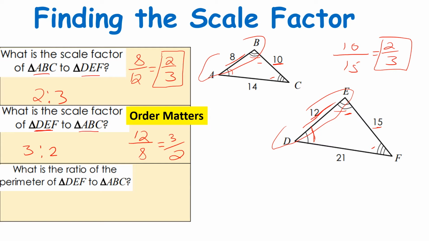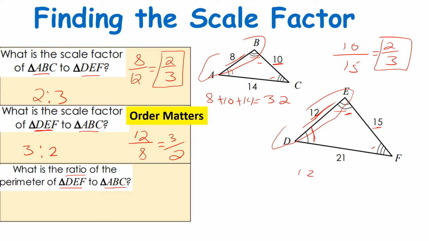Now for this one, it asks what is the ratio of the perimeter of triangle DEF to triangle ABC. The perimeter for the first one is 8 plus 10 plus 14, and that gives me 32.